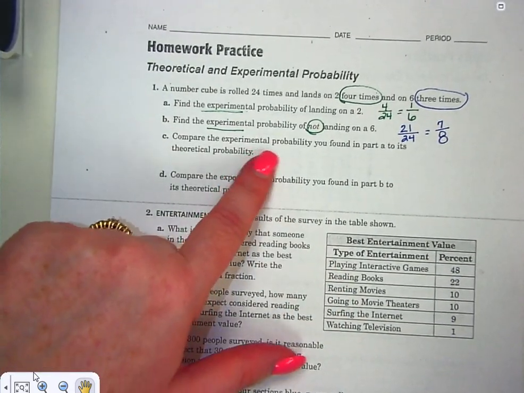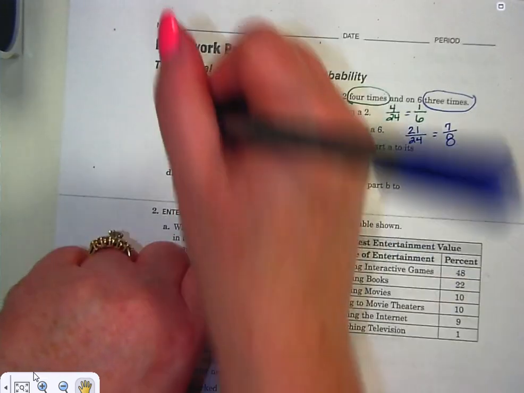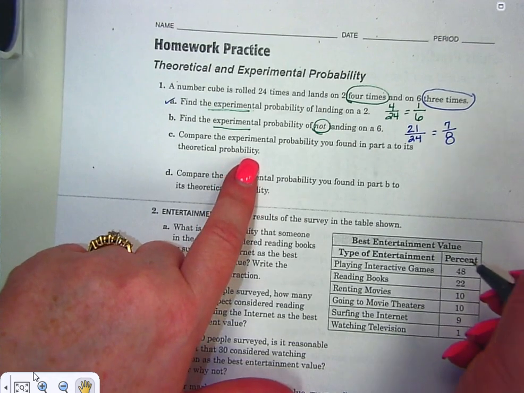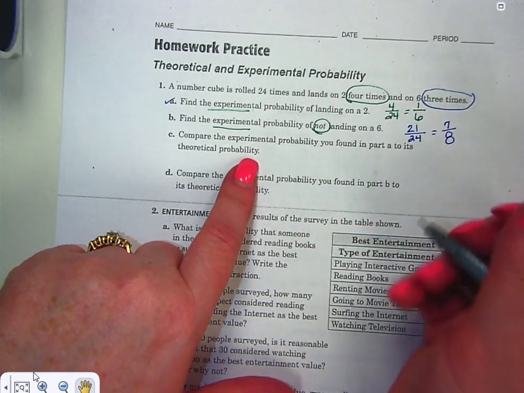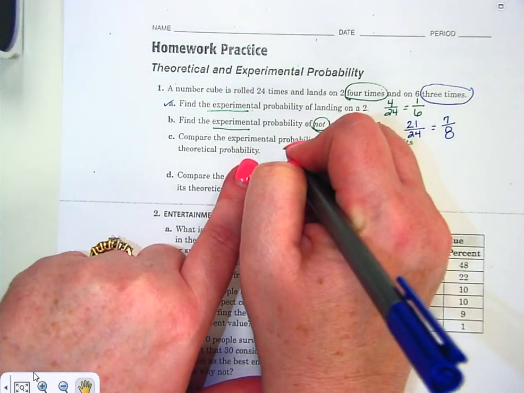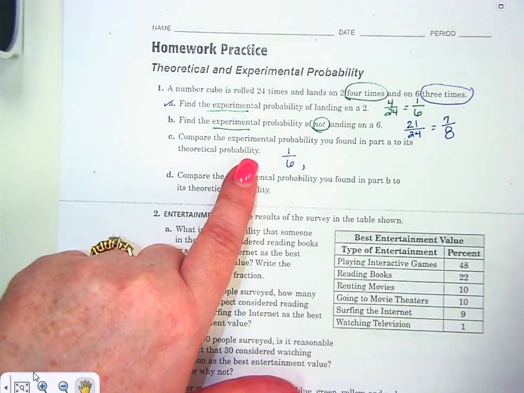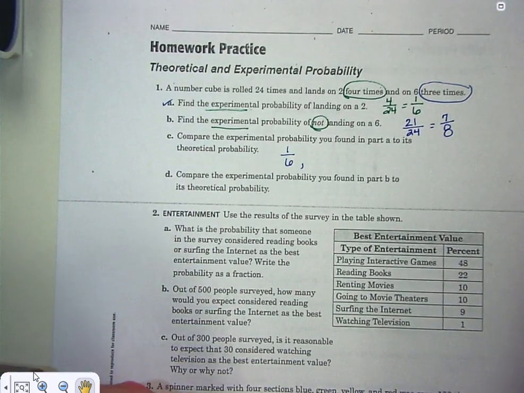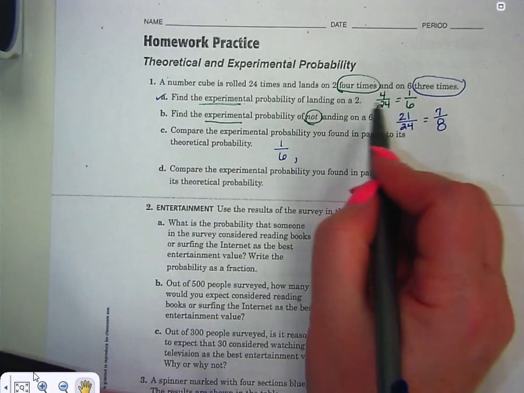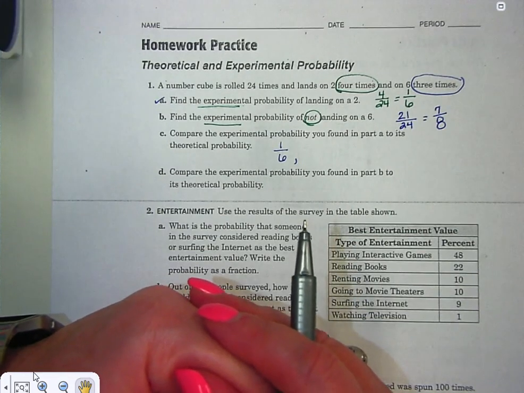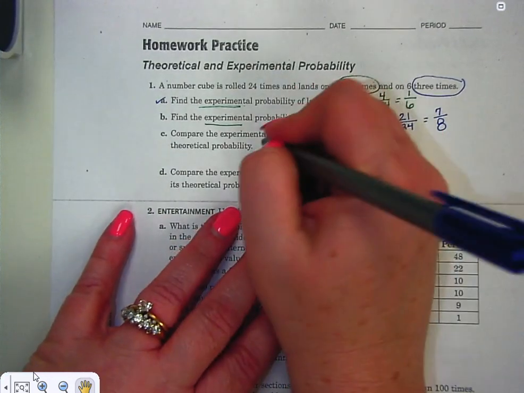Compare the experimental probability you found in Part A to its theoretical probability. So in A, we found 1/6 for experimental. What do you think the theoretical probability of landing on a 2 is? This one's experimental.